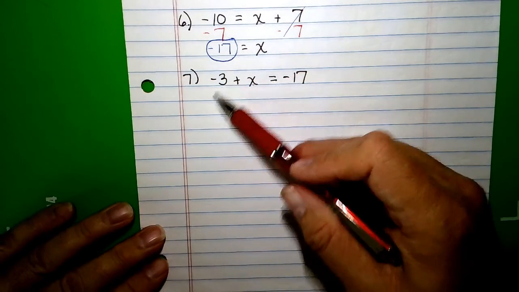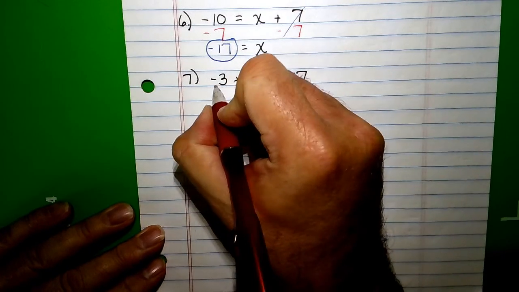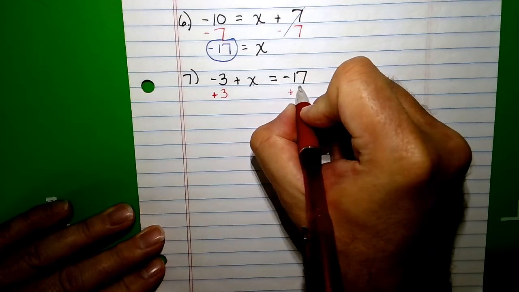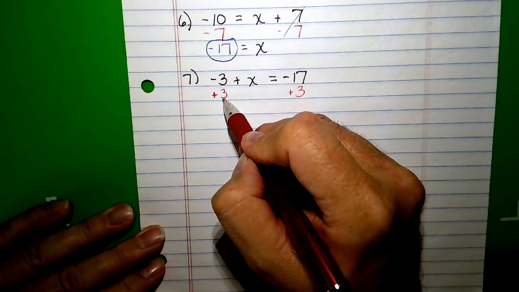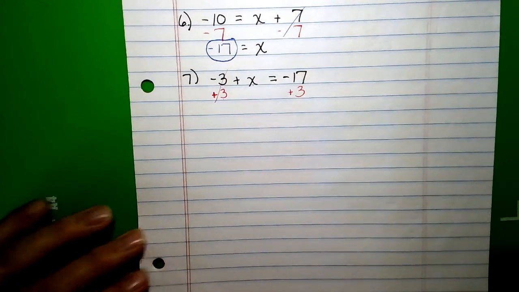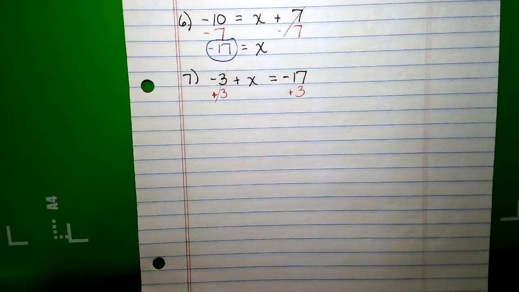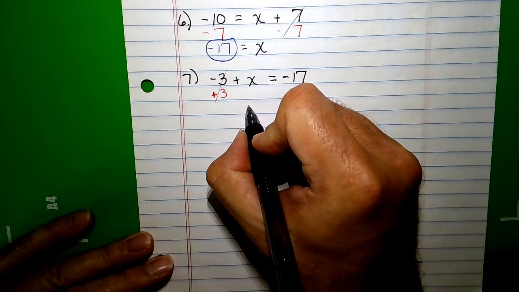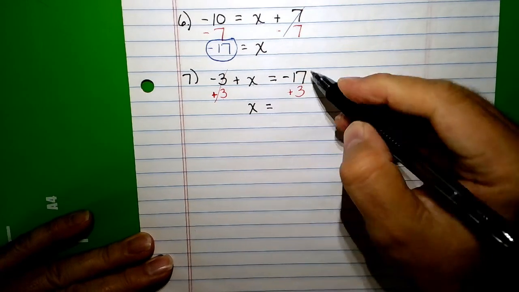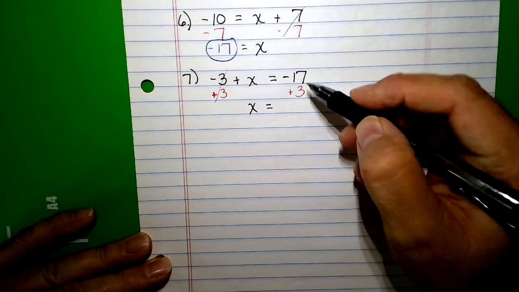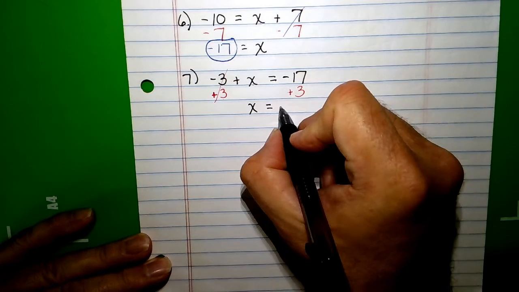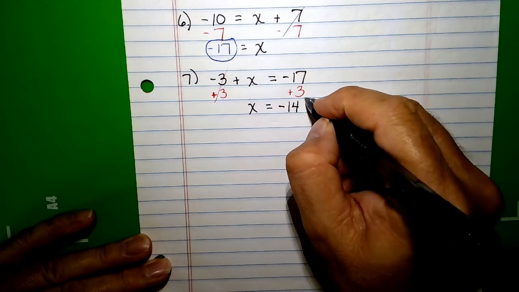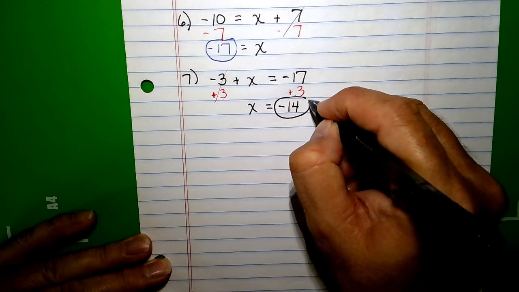What would get rid of this 3? Well, add 3. If I added 3 to both sides, negative 3 plus 3 would be 0. Now, I should mention we just want a positive x, and that's what we have now, so I don't need to write that plus. Negative 17 plus 3. To add a positive and a negative, you subtract and take the sign of the bigger. So negative 14.